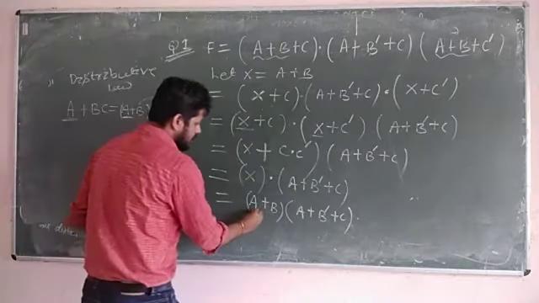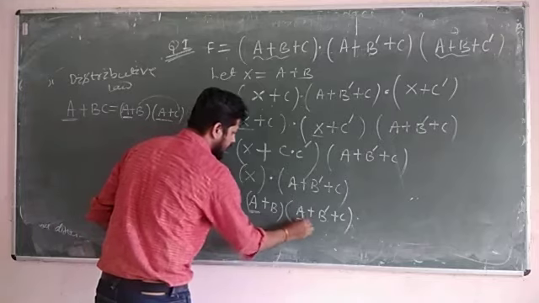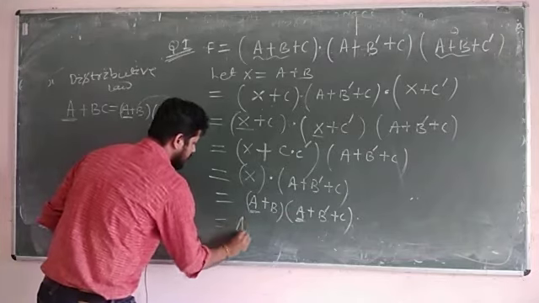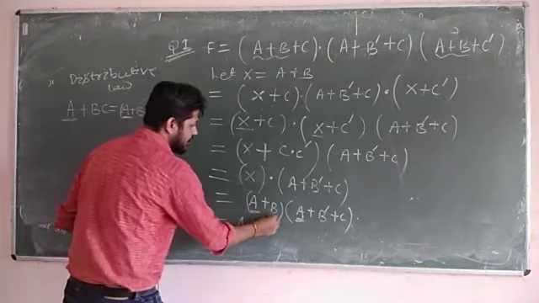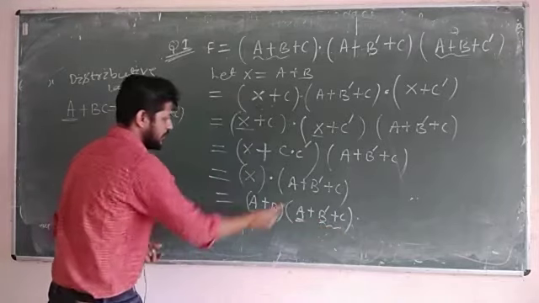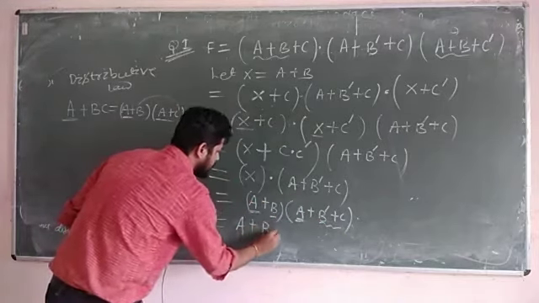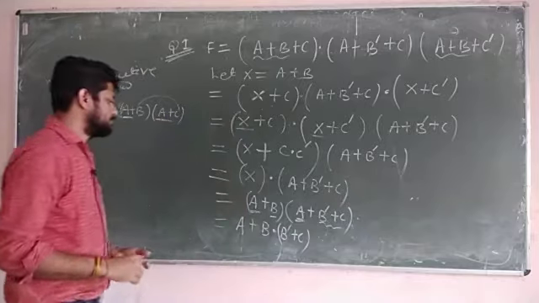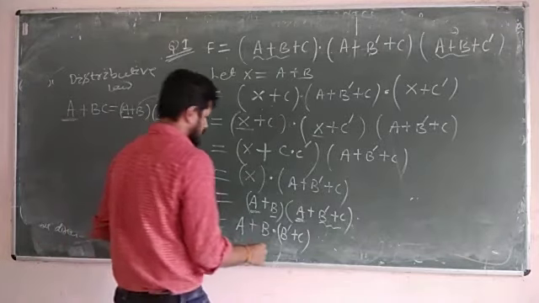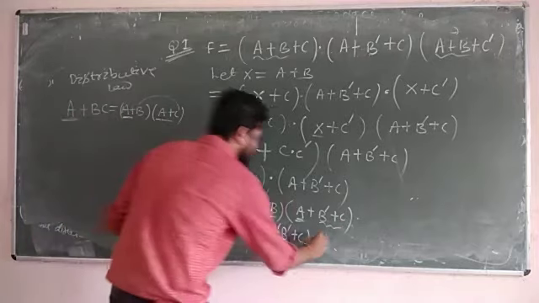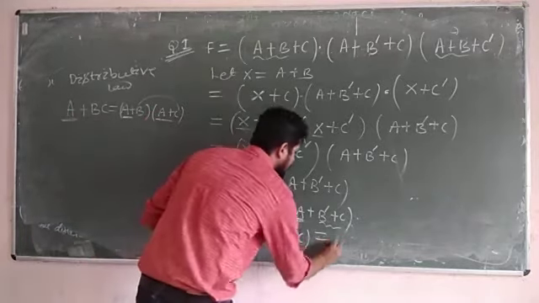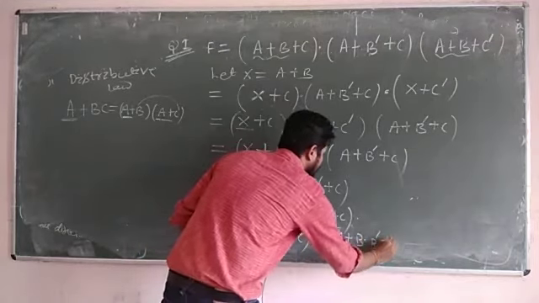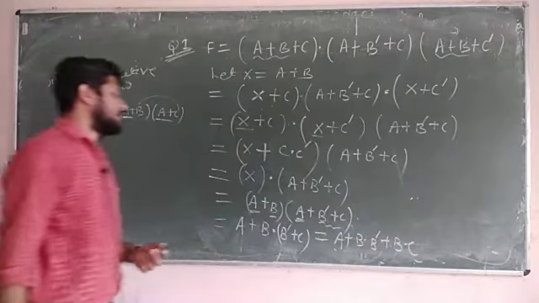Obviously in the bracket you have two terms common, so again apply your distributive law. Distributive law means here A is common, so write A or the product of the remaining two variables, that is B and (B complement C). So now I can write here A or (B and B complement) or (B and C).